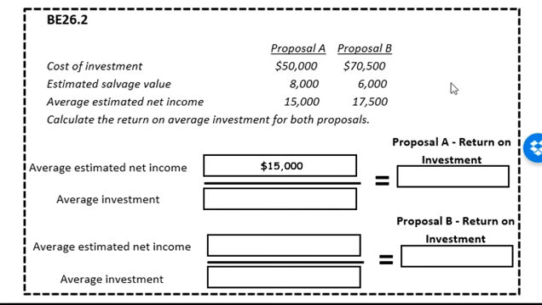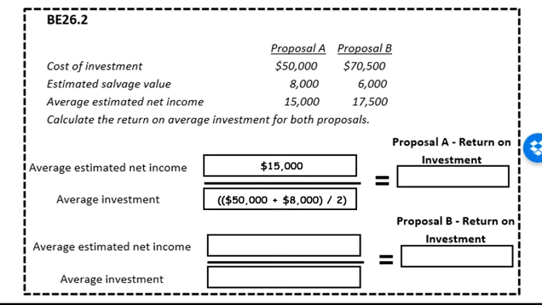Now the first thing we do is we take a look at proposal A, and we insert in the equation the average estimated net income. And here we're told the average estimated net income, and again, that's accounting income. Remember, in terms of ROI, we use accounting income. We do not use cash flow. We use accounting income. So this is the amount that we use, the 15,000.